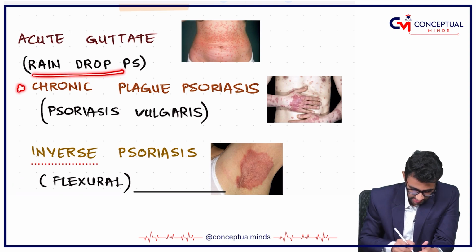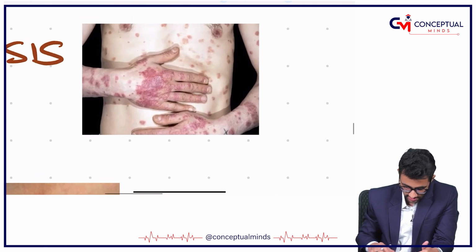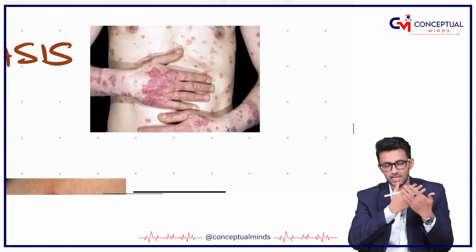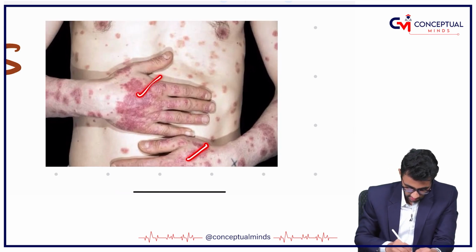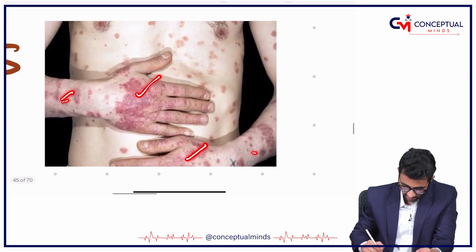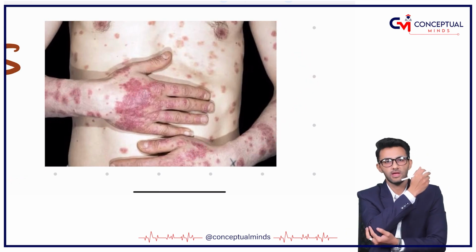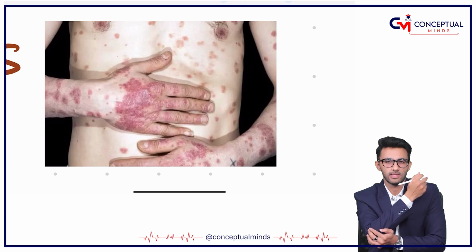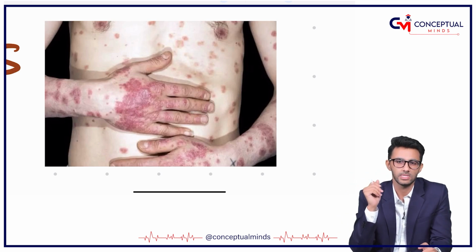The next one, as we said, is chronic plaque psoriasis. On the extensor surfaces of this patient we have all these findings. If the image was complete on the elbow as well, we could have definitely seen a lot of findings. On the elbows and the knees we usually see the lesions.